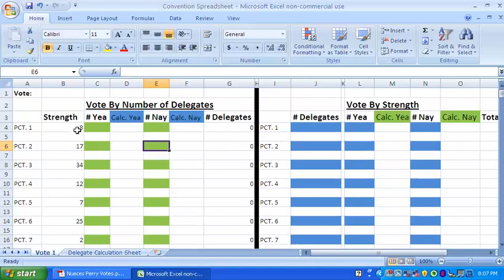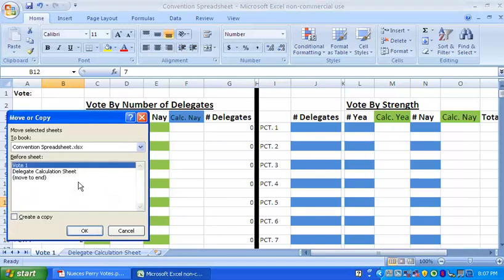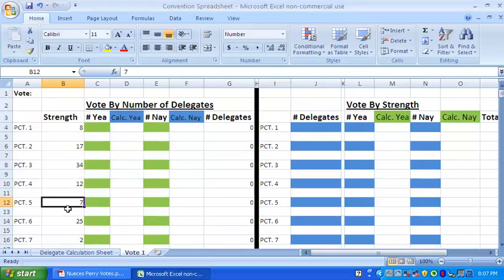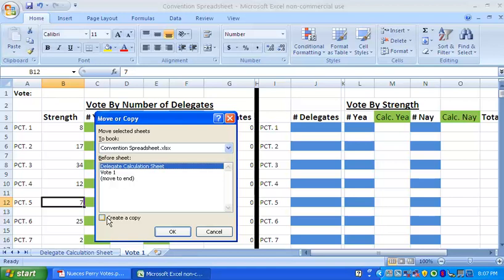Okay, so once you get your strength down, like I say, the most important variable here, then you get it for however many precincts you have, then you can copy the page, and we're going to move it to the end. For those of you who are well versed in Excel, you might be laughing at the way I'm doing this, because there probably are shorter ways, but this is how I know how to do it.